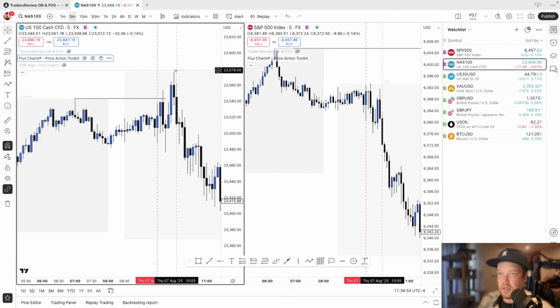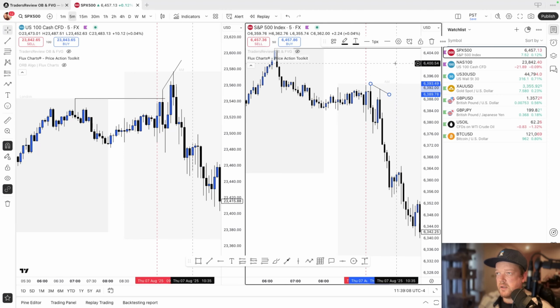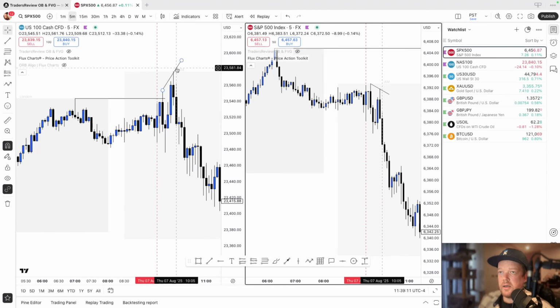This was at 10 o'clock, this was a lower high. So here you can see from there till there, we have our SMT divergence right over here. As you can see, higher highs, lower highs. So we wait for the sweep.